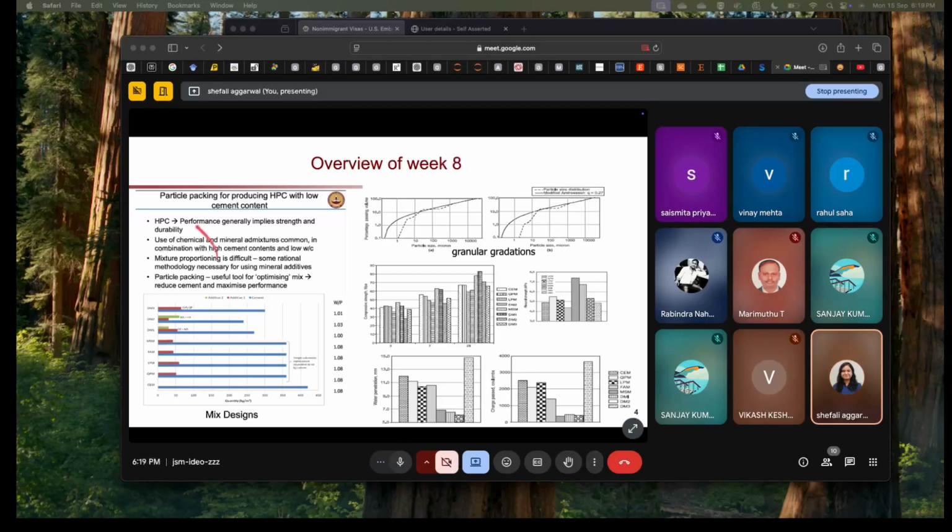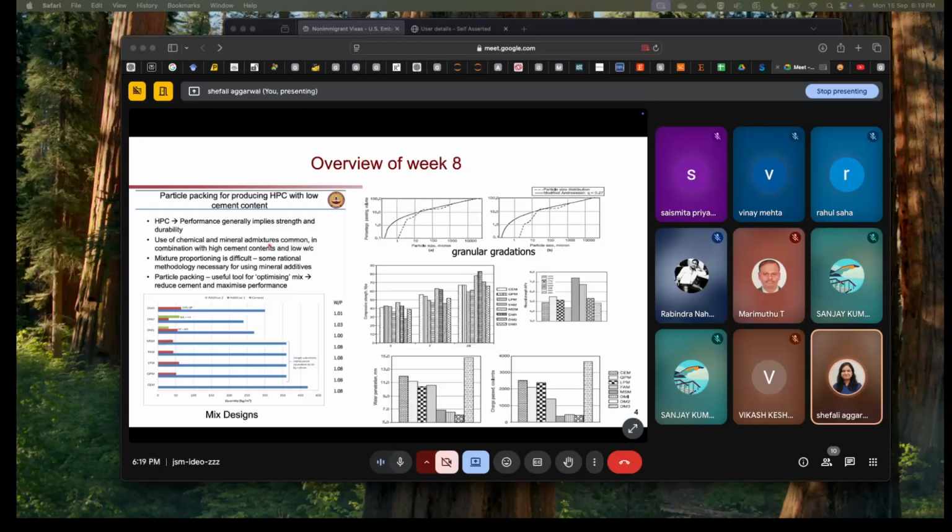So in terms of HPC, using chemical as well as mineral admixture is very common. If we talk about mineral admixture, if we are adding, let's say, silica fume, it is a very fine particle, right? So it will be decreasing the voids present in your concrete system.